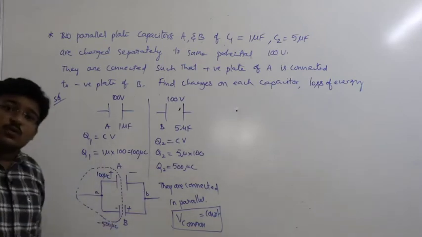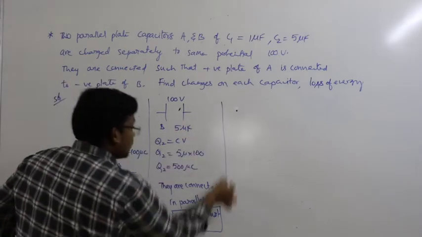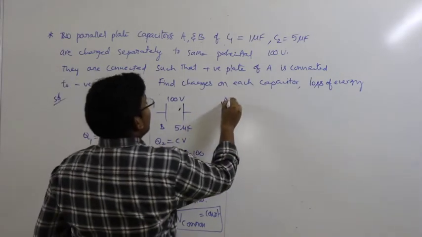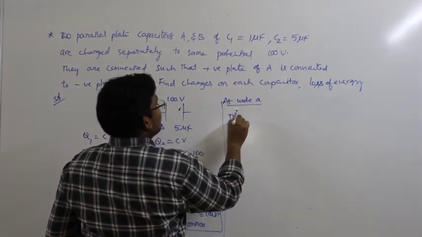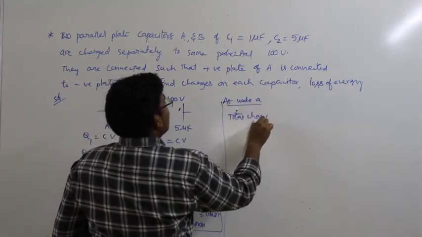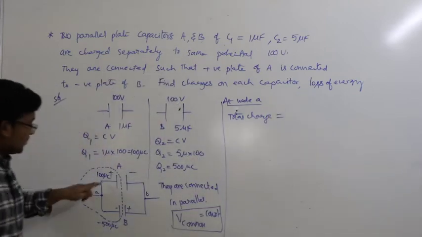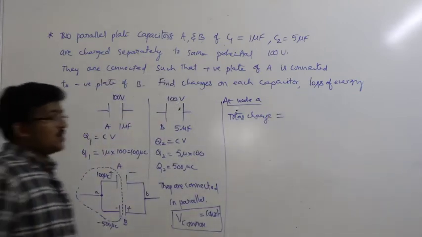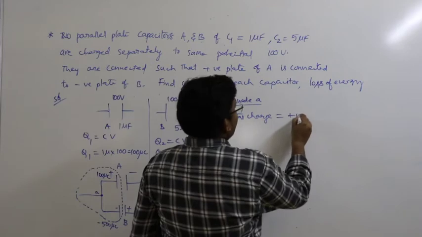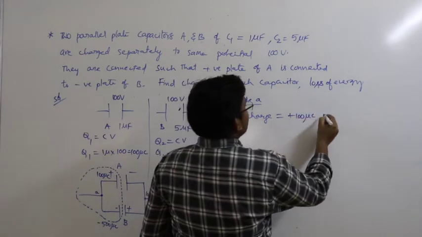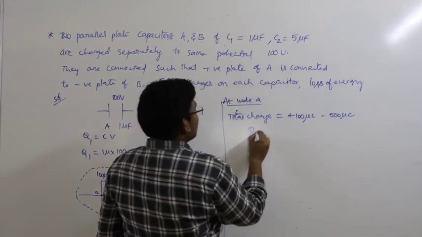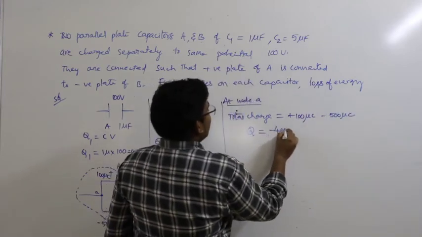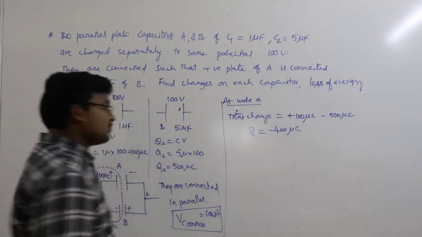Now what will be the total charge at node A? The total charge is plus 100 microcoulombs minus 500 microcoulombs, so the total charge will be minus 400 microcoulombs.